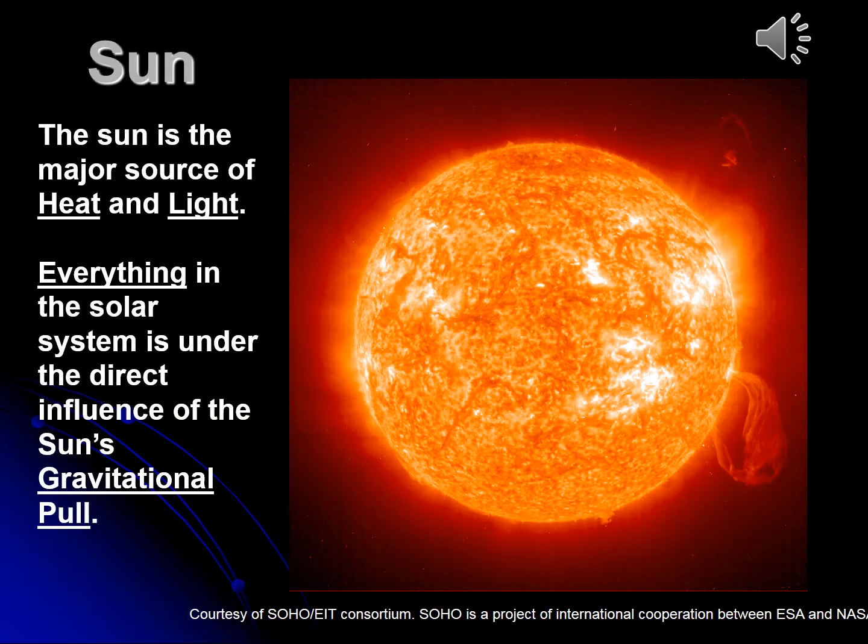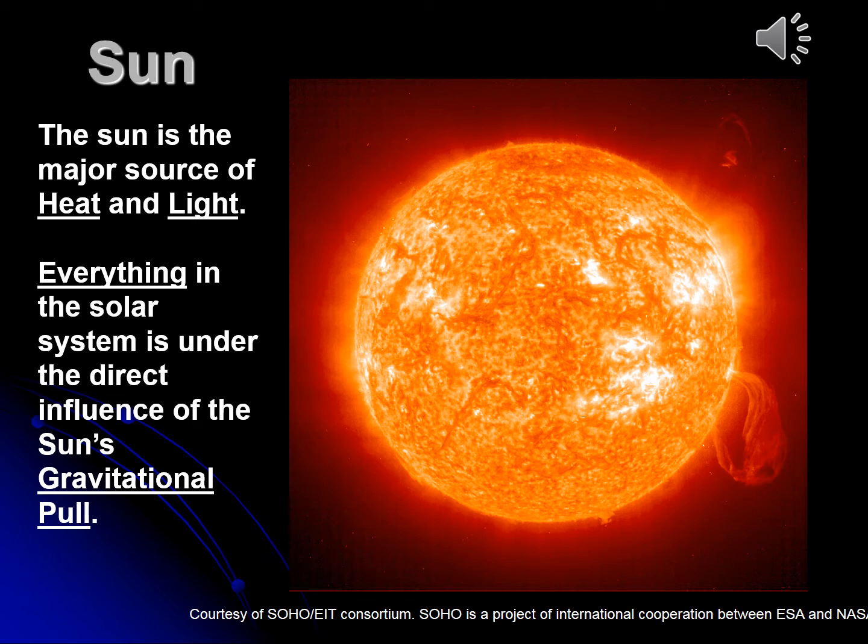In this slide, we're going to get into more specifics about the sun. As most of you already know, the sun is our major source of both heat and light. Obviously, in the summertime, when we are tilted towards the sun, we have a lot of heat. When we're tilted away from the sun, we have our winter, and we don't get as much heat. And again, light.